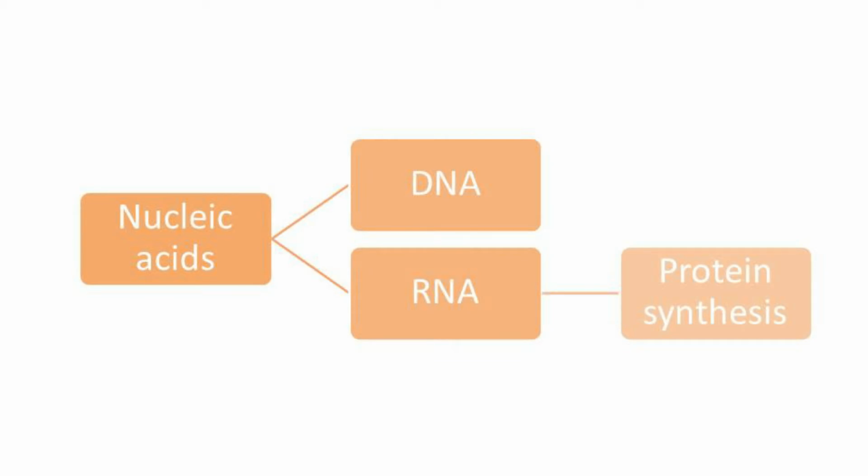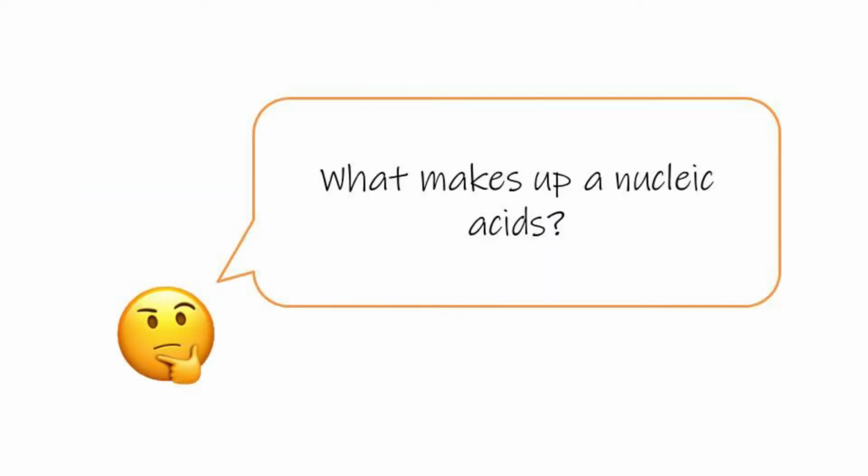DNA belongs to a group of large molecules called nucleic acids. Nucleic acids also include RNA, which is short for ribonucleic acid. It is important in protein synthesis. So what makes up a nucleic acid?